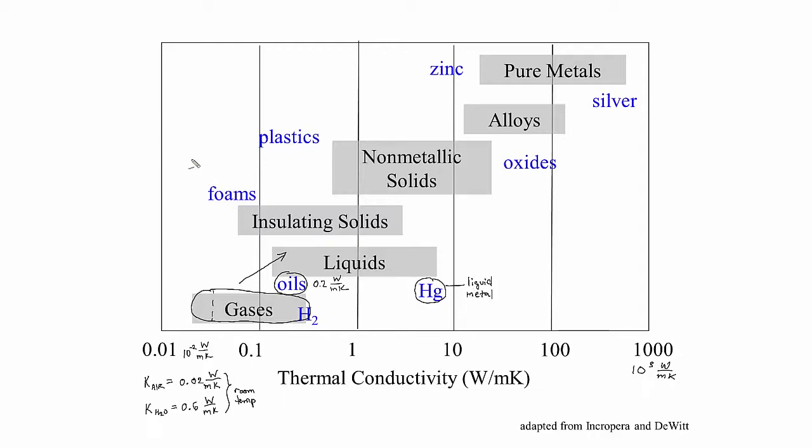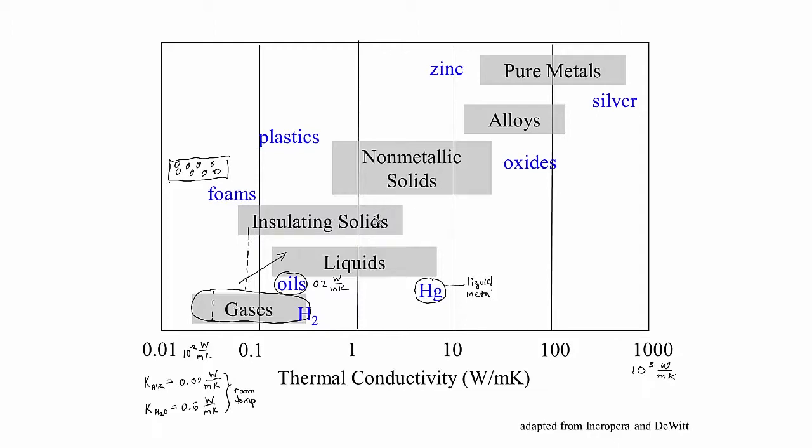Insulating solids can be anything from a foam. So in a foam, we oftentimes have air gaps or some sort of other gas filling the foam. And so it's a composite of sorts with relatively low thermal conductivities. In fact, the thermal conductivity might intersect with those for gases.